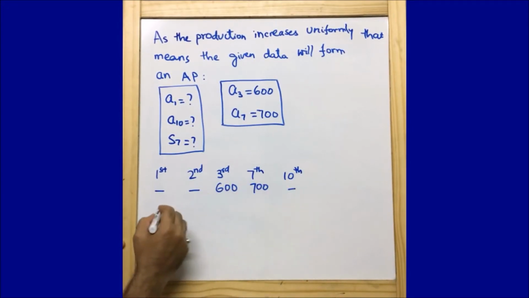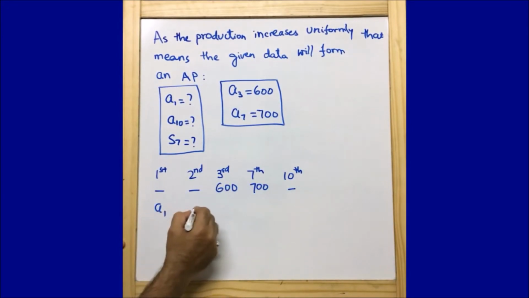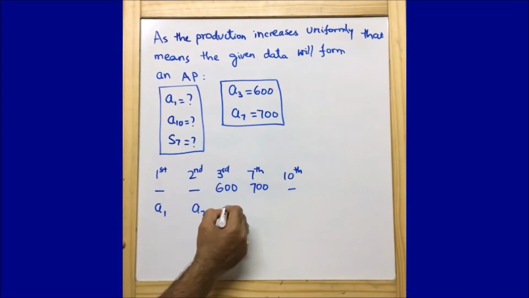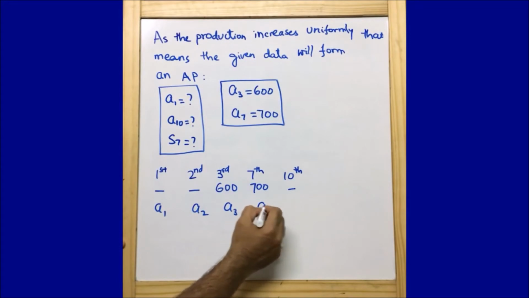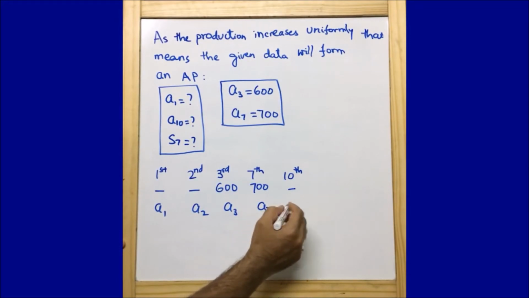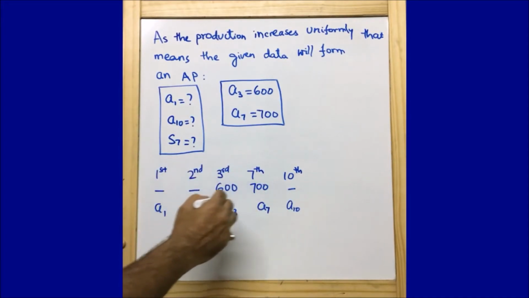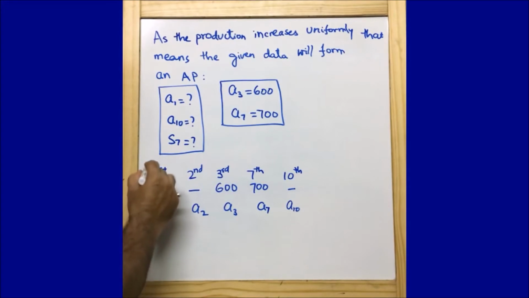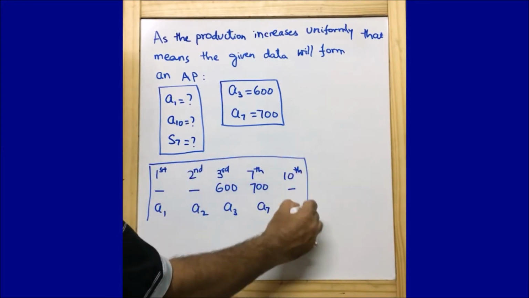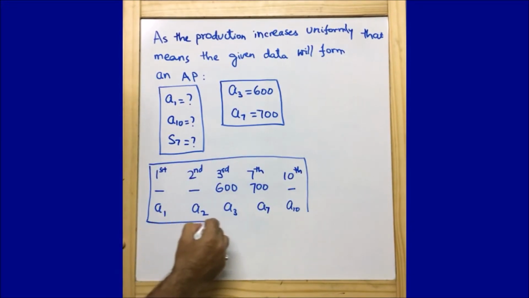We are going to find out this 10th year. This one is A1, this one is A2, this one is A3, this one is A7, and this one is A10. Now let me just draw the table so that it will be easy.